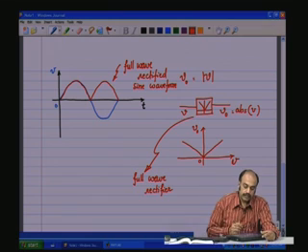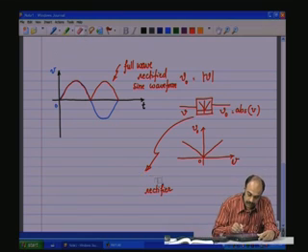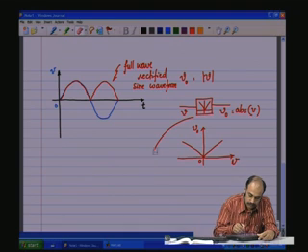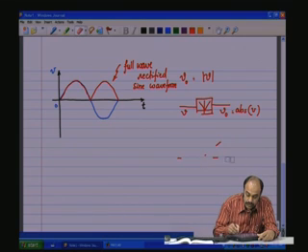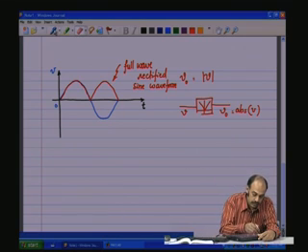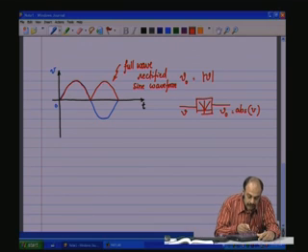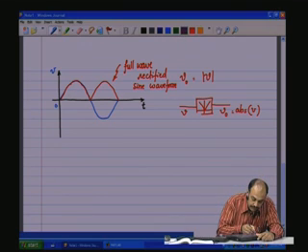Now, what is the average value of this? So, let me make some space here. What is the average value of this full wave rectified waveform? Quite evidently we see that as the waveform is always positive, there is no negative portion, there is no negative area which will try to cancel out the positive portion, and therefore, you will have a non-zero average value.